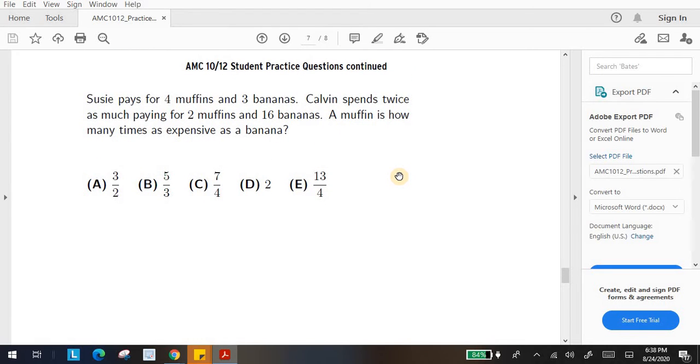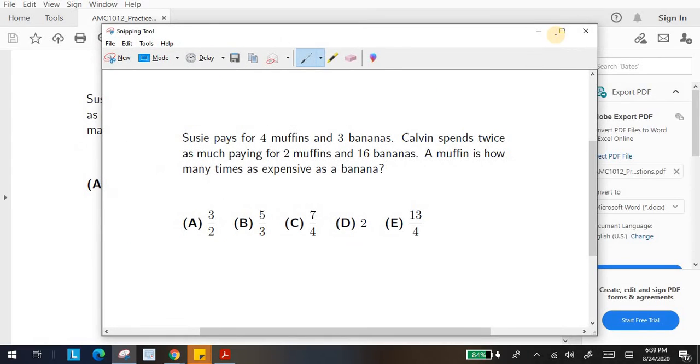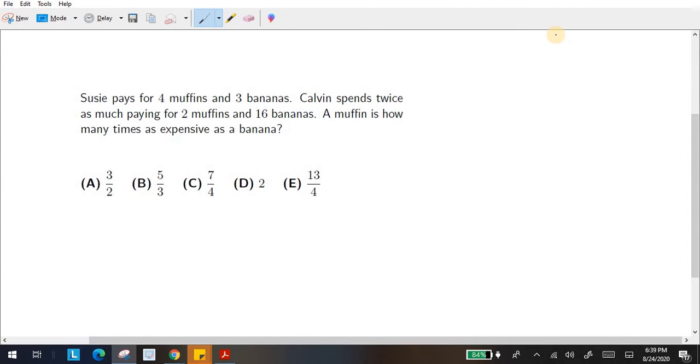So muffin is how many times more expensive than a banana? So what we're looking for is x equals blank y. So 10 over 6 equals 5 over 3.